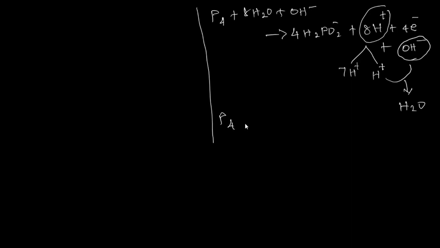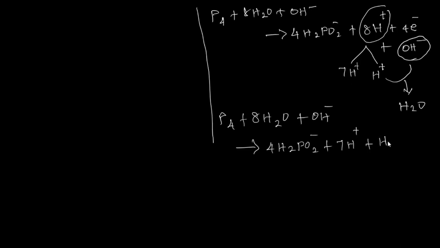So now let's write this in the next step. P4 plus 8 H2O plus OH minus gives 4 H2PO2 minus plus 7H plus plus H2O plus 4 electrons.